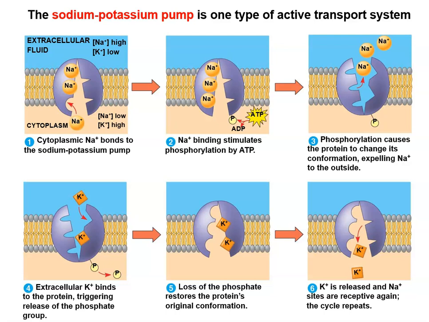So the key thing to focus on here is where are the initial concentration gradients for the sodium and the potassium, and how are those molecules moving across the membrane, and is energy required or not? So first, let's notice that the sodium ions enter.